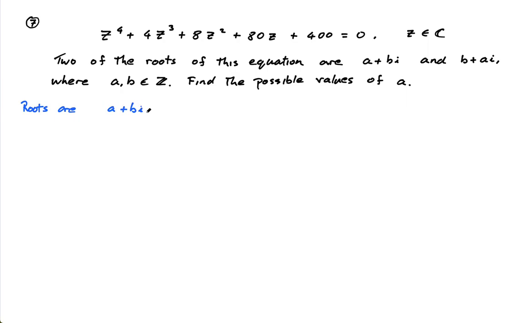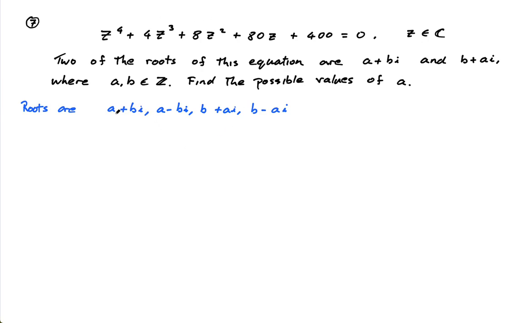So if a plus bi is a root, then a minus bi is a root. And b plus ai is a root, which means b minus ai is a root. So they always come in their conjugate pairs. So these are the four roots, and we have four roots for a polynomial equation of degree 4.